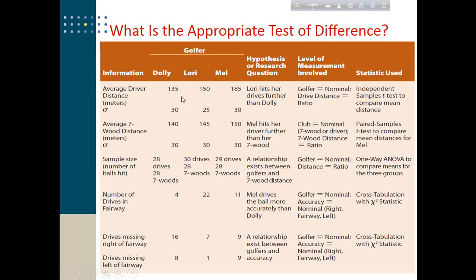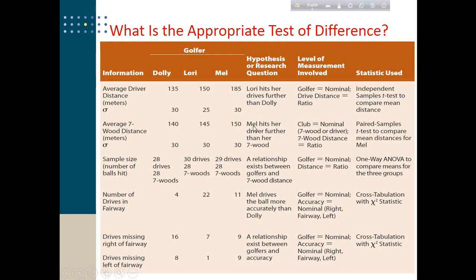Then the average 7-wood distance: for Dolly it's 140 and for Laurie it's 145. Actually, the average driver distance that was previously given is their average distance for their whole golf career. And this average 7-wood distance is the average distance for their club, the 7-wood. So for the 7-wood, it's 140 for Dolly, 145 for Laurie, and 150 for Mel.